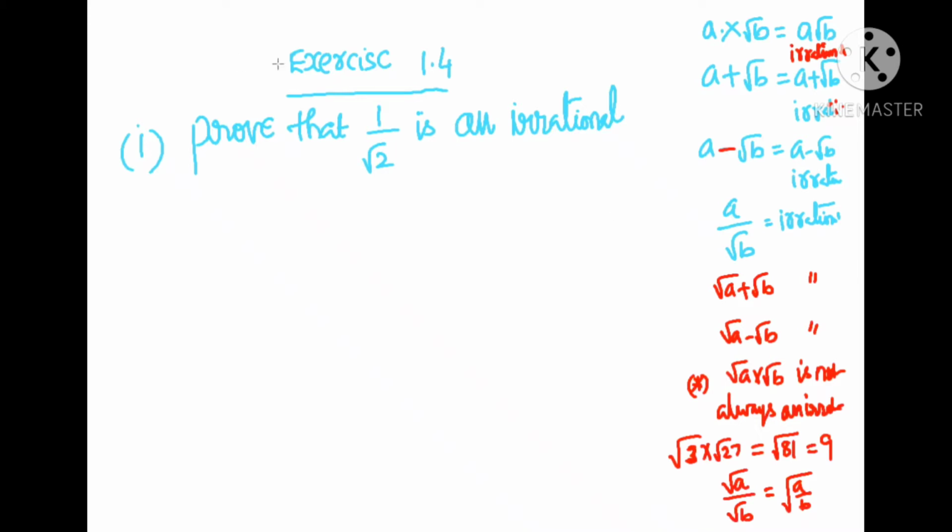For the above statements, all are irrational numbers from here to here. So let us understand how to prove this is an irrational by indirect method or proof of contradiction.